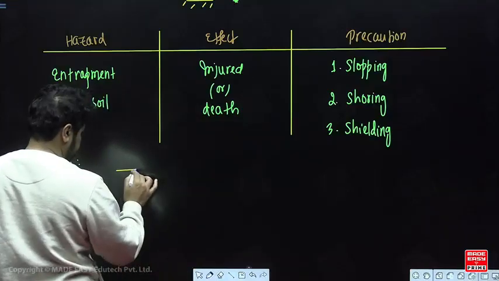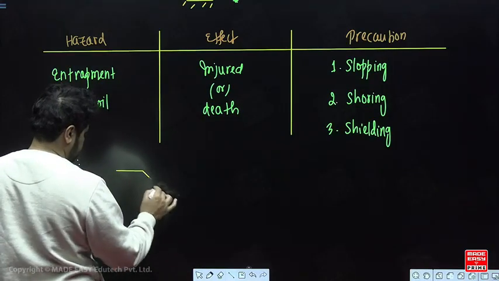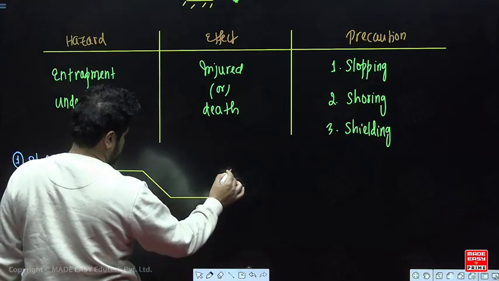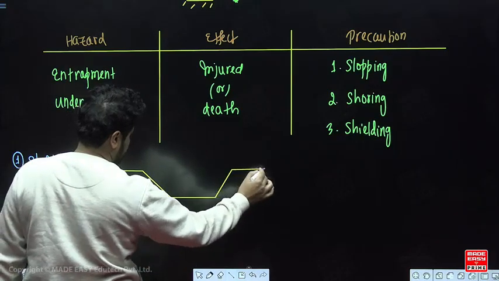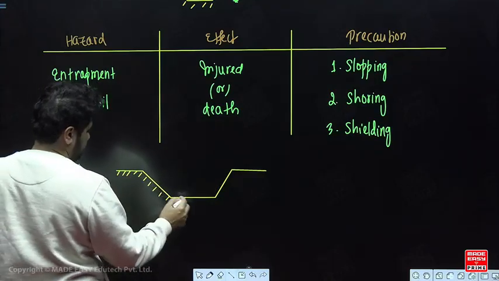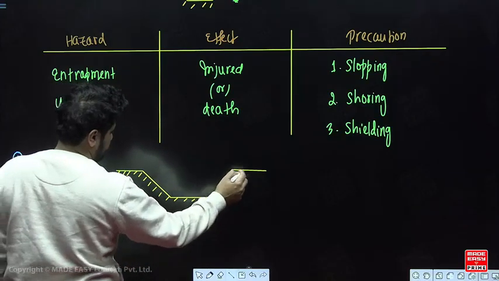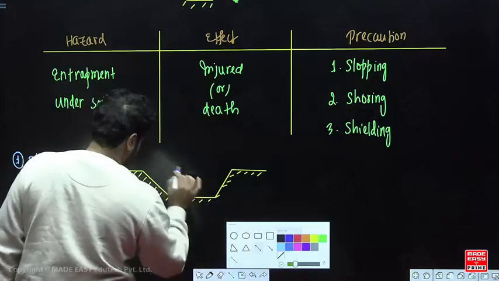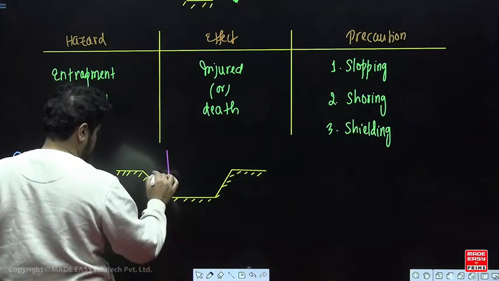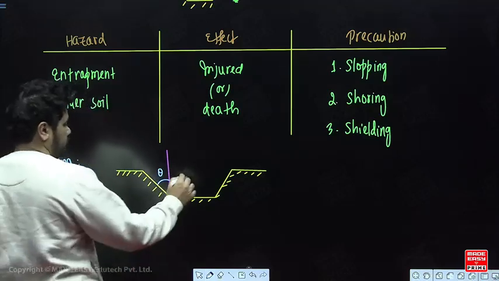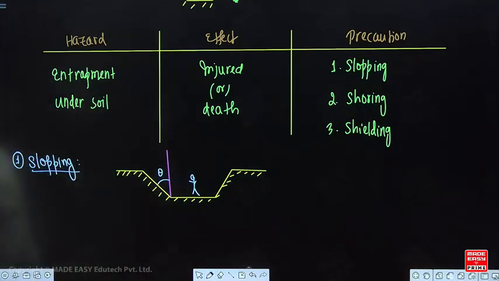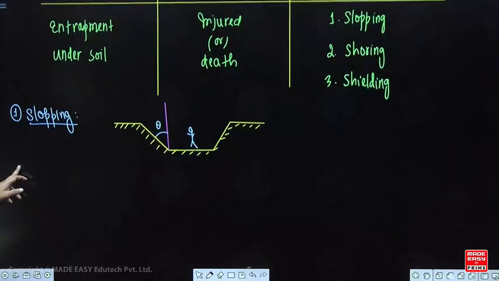Sloping means, so if the person is here, there will be no entrapment. It is called sloping.